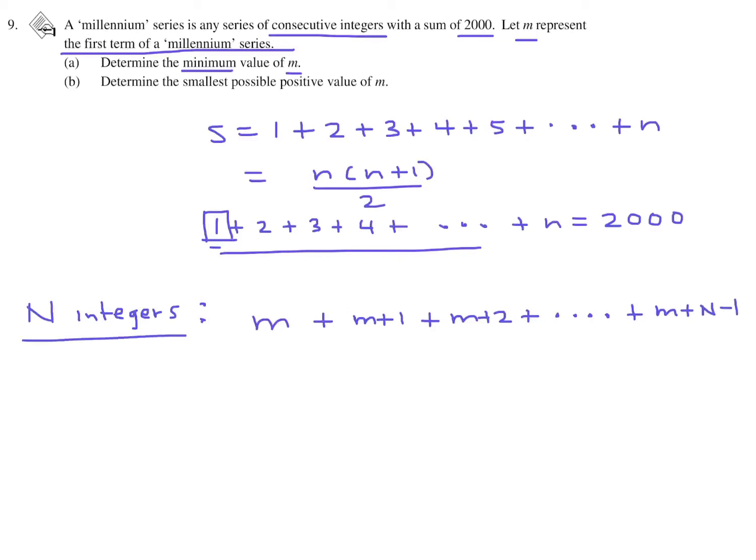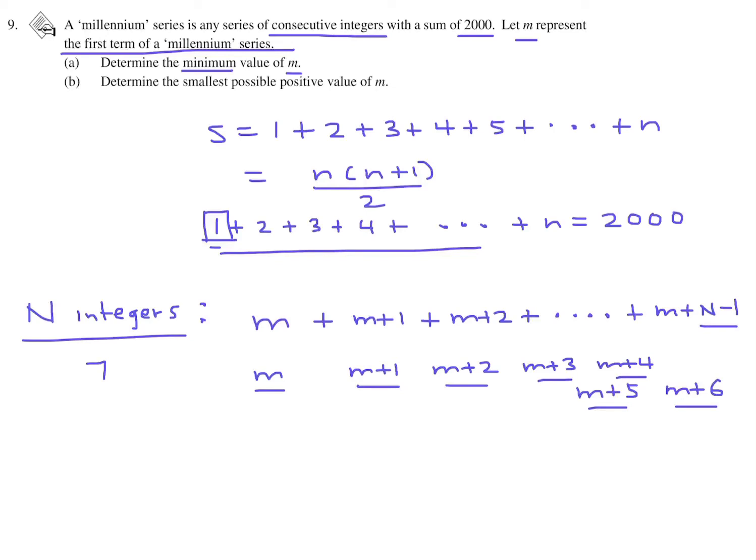Because there's n integers. So for example, if there was 7 integers, it would be m plus 1, m plus 2, m plus 3, m plus 4, m plus 5, and m plus 6, correct? 1, 2, 3, 4, 5, 6, 7. That's why it's m plus n minus 1.